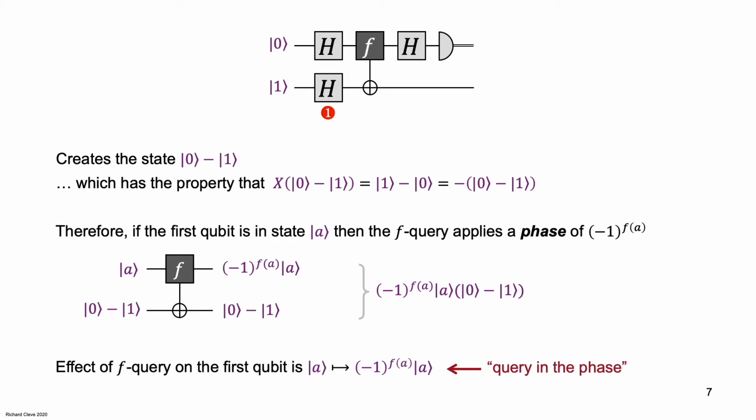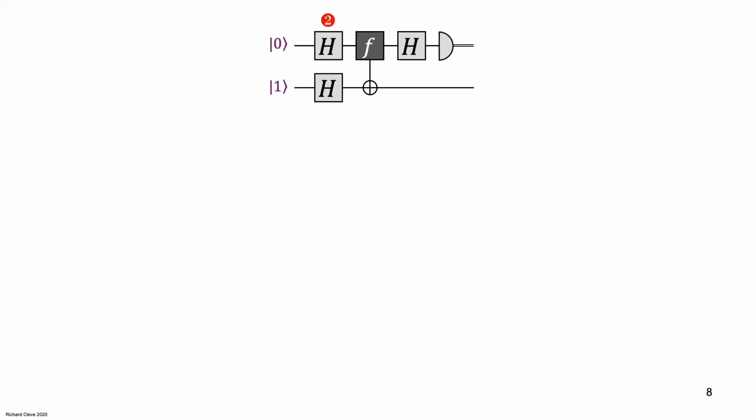But it's only a global phase if the first qubit is in a computational basis state of the form |a⟩. It's not a global phase if the first qubit is in superposition. This brings us to the role of the Hadamard applied to the first qubit that's in state |0⟩.